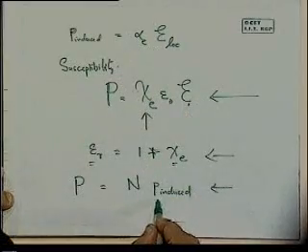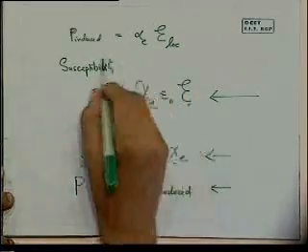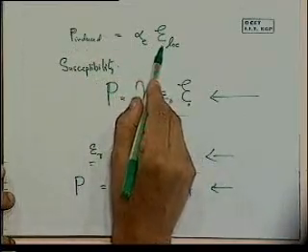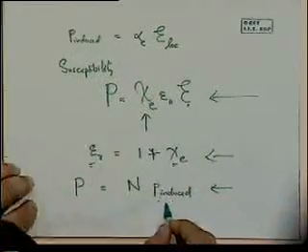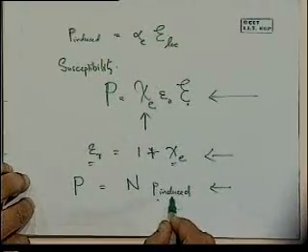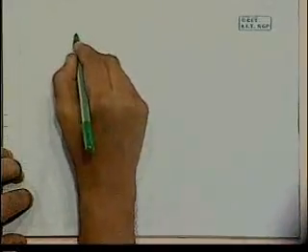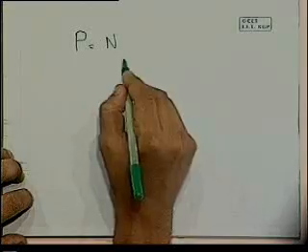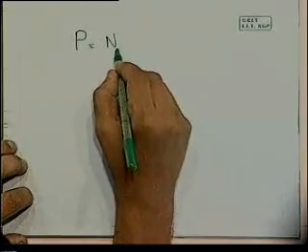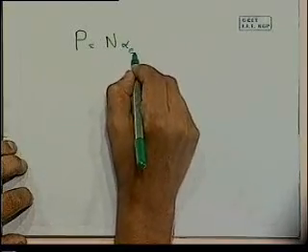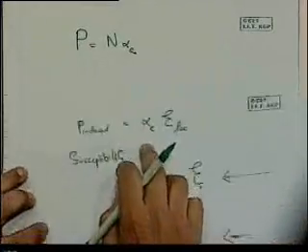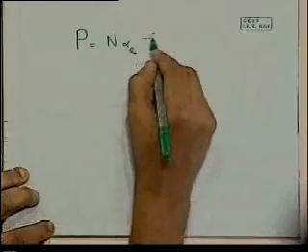So now in this equation, I'm going to substitute for P induced, where earlier I had it as alpha E times the applied field. This time P induced is equal to alpha E times the local field. When we make that substitution, we end up with polarization equal to N, the number of molecules per unit volume, times alpha E times the local field.